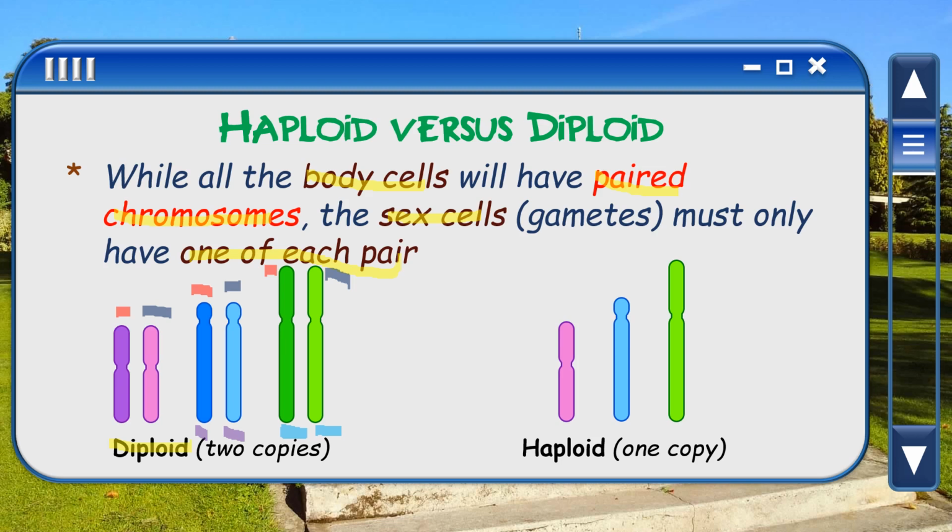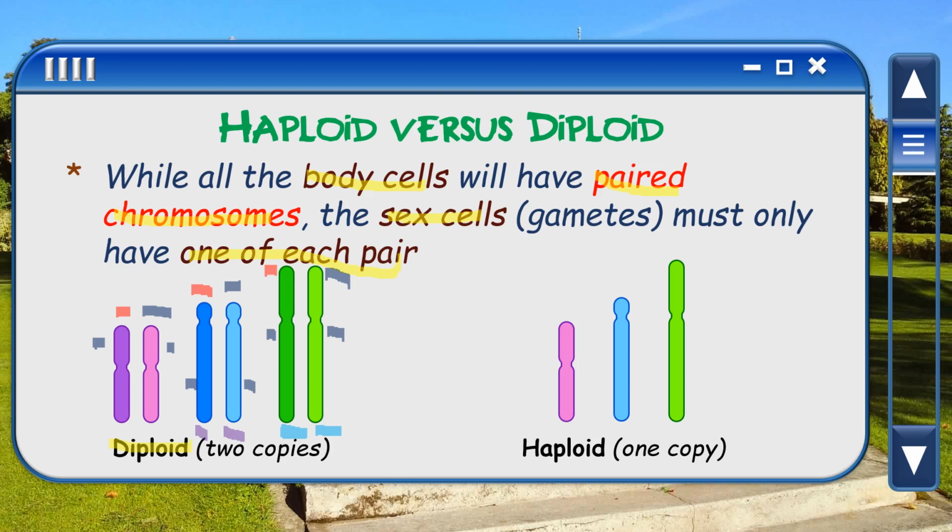Body cells have paired chromosomes. This one and this one are paired, and so on.